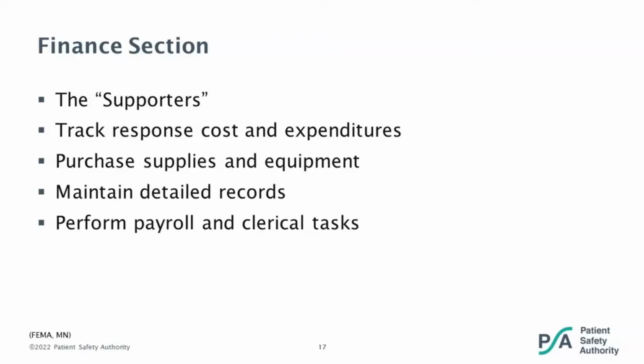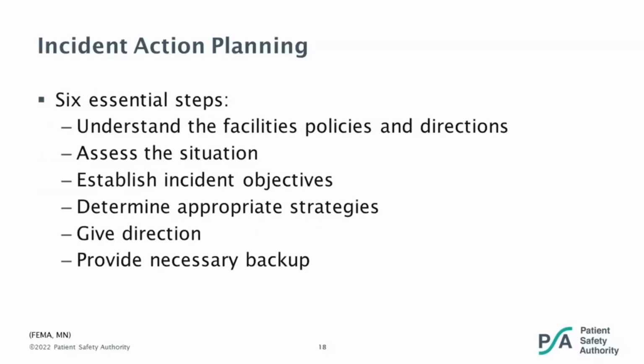But once your incident management team is in place, then the action planning begins. The incident action plan formally documents your goals or control objectives, the operational period objectives, and response strategy. There are 6 essential steps to incident action planning.